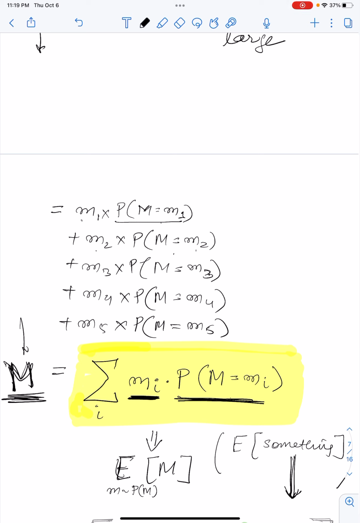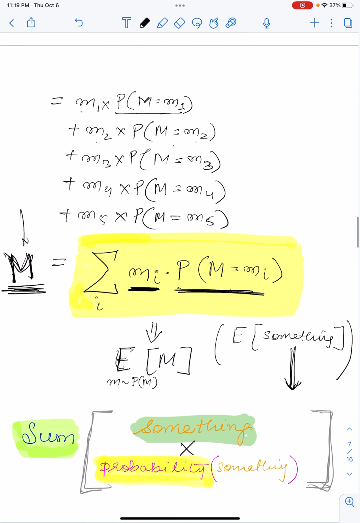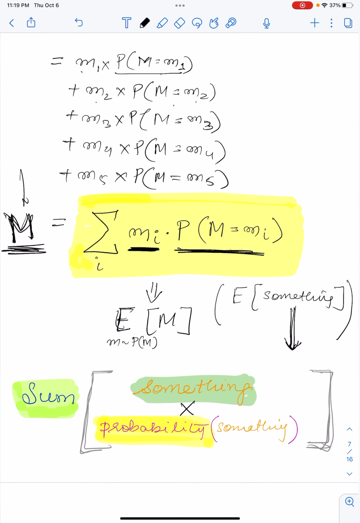And how is it changing? It is changing randomly. So this expression is nothing but the expectation of this random variable, where the possible values are governed by the probability of those individual values that could possibly be assigned.